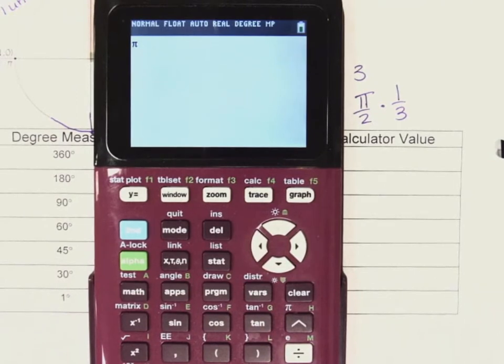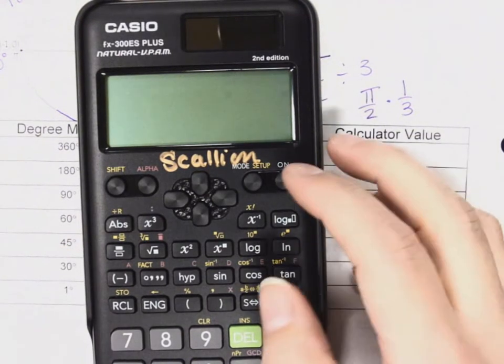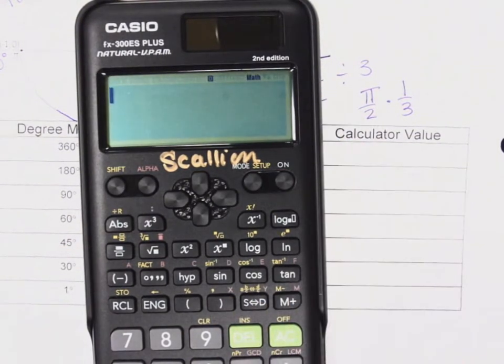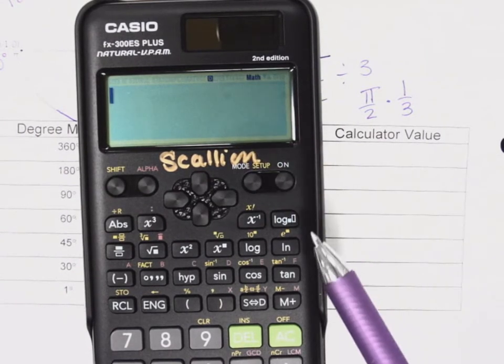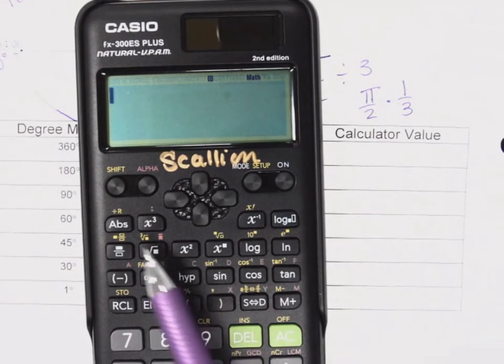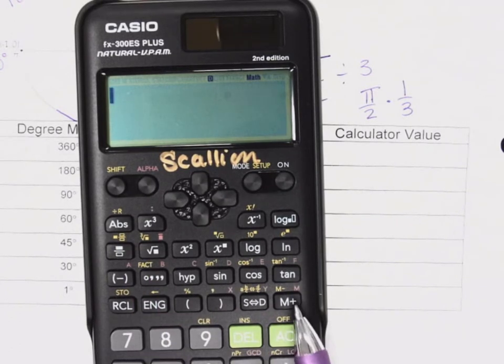Let me grab a different calculator. Usually, ladies and gentlemen, it is a second key, but maybe not. Anybody see pi on this one? Oh, there it is.